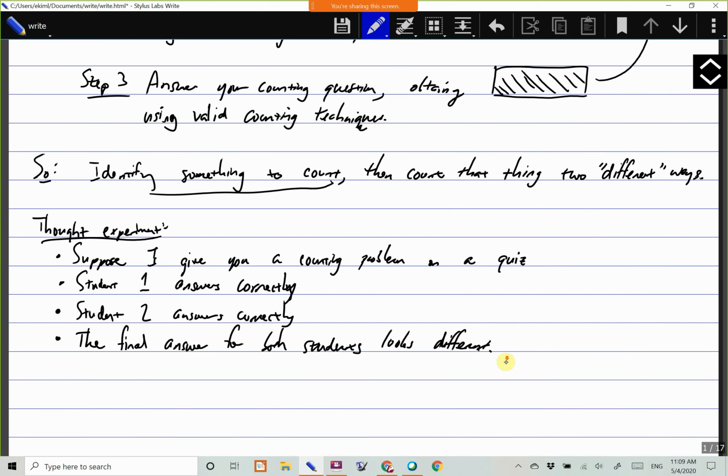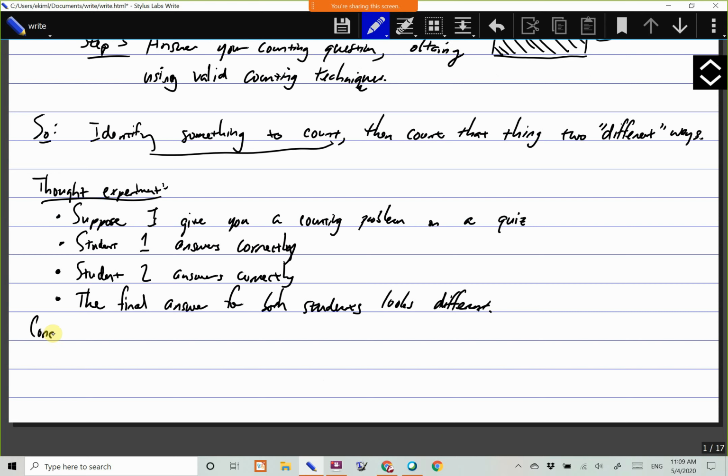Then what should be the conclusion here? Right? So I ask a counting question on an exam, and student one answers the question correctly, student two answers the question correctly, but the two students have different looking answers.